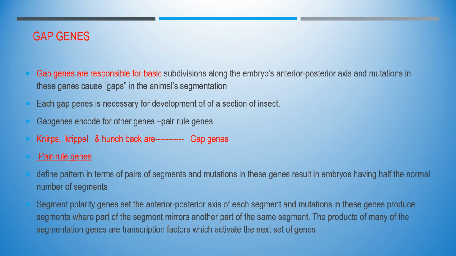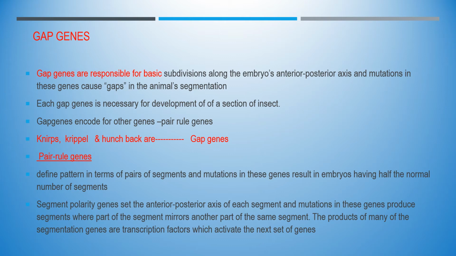So the gap genes are responsible for the basic subdivisions along the embryo, that is the anterior and posterior axis, and mutations in these genes cause gaps in the animal segmentation. Each gap gene is necessary for development of a section in insects.